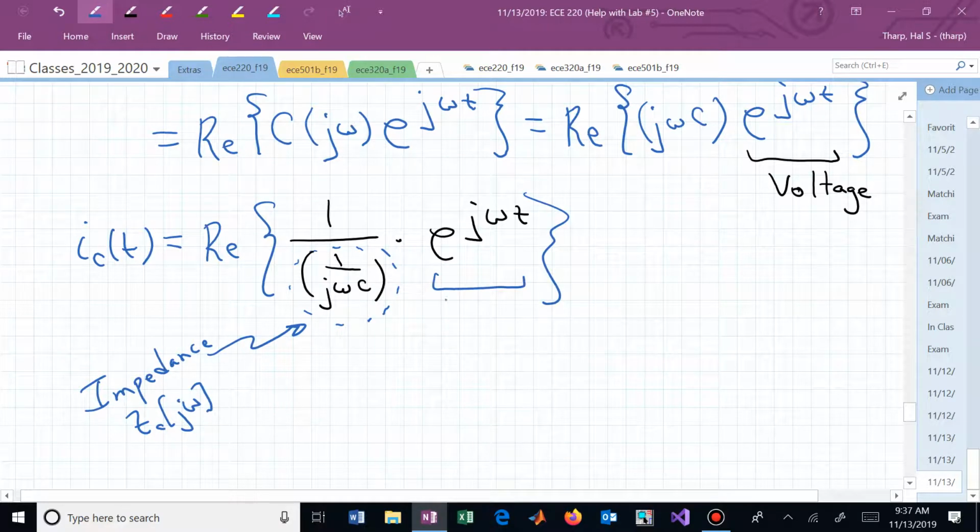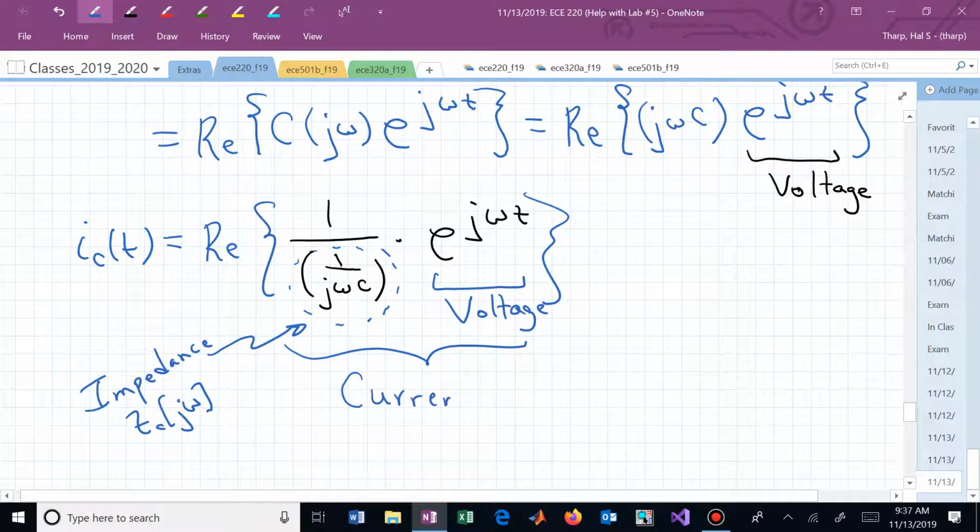This is our voltage, and that entire expression inside the curly braces is our current as a complex exponential.